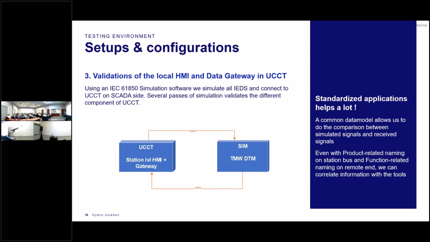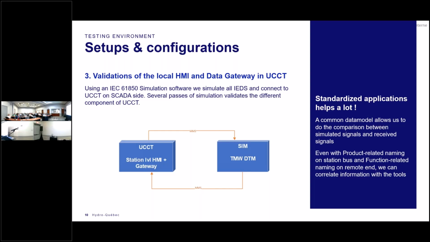And once again, with the standardized data model that we established during that new architecture, we were able to simulate the different conditions and create the different type tests that we can do in order to validate the different functions of the system.